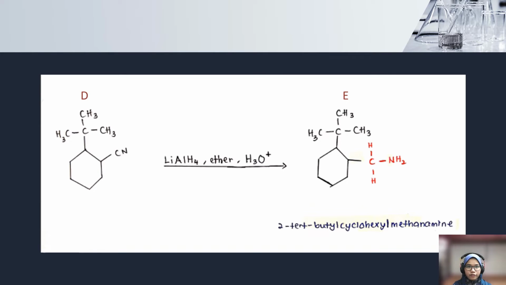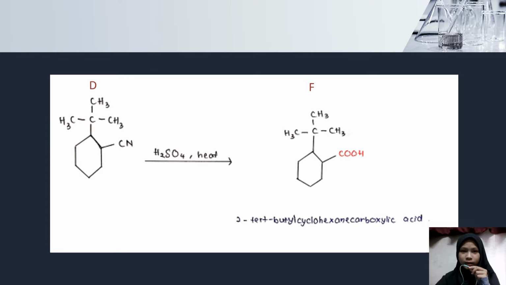From the product of the reaction before, 1-cyano-2-tert-butyl cyclohexane undergoes further reaction with lithium tetrahydroaluminate in ether and H3O+, producing 2-tert-butyl cyclohexylmethanamine. Next, 1-cyano-2-tert-butyl cyclohexane undergoes further reaction in the presence of H2SO4 and heat to produce 2-tert-butyl cyclohexane carboxylic acid.